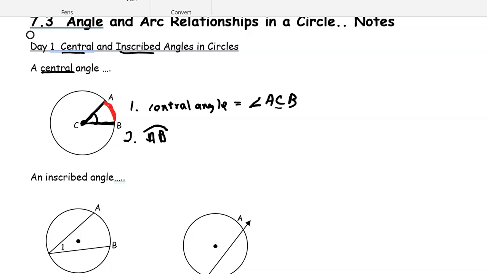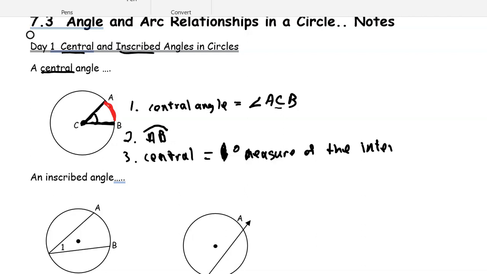So the property you're going to want to understand out of this little drawing, that we're going to use for our problems, is that a central angle always equals the degree measure of the intercepted arc.